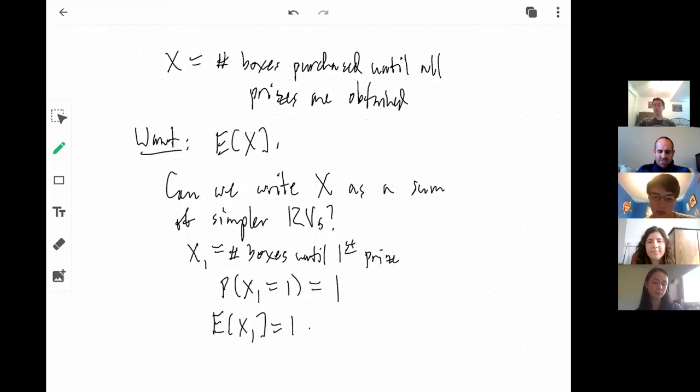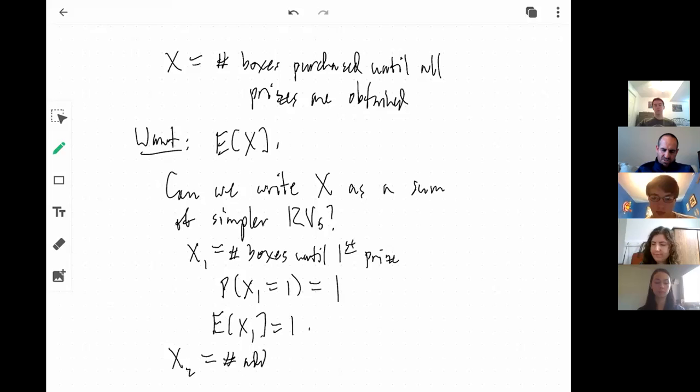Is there something that we could define X2 as? So think about it. We purchase a first box, we have our first prize. Is there something we could define X2 as that might be helpful? Well, how about this?